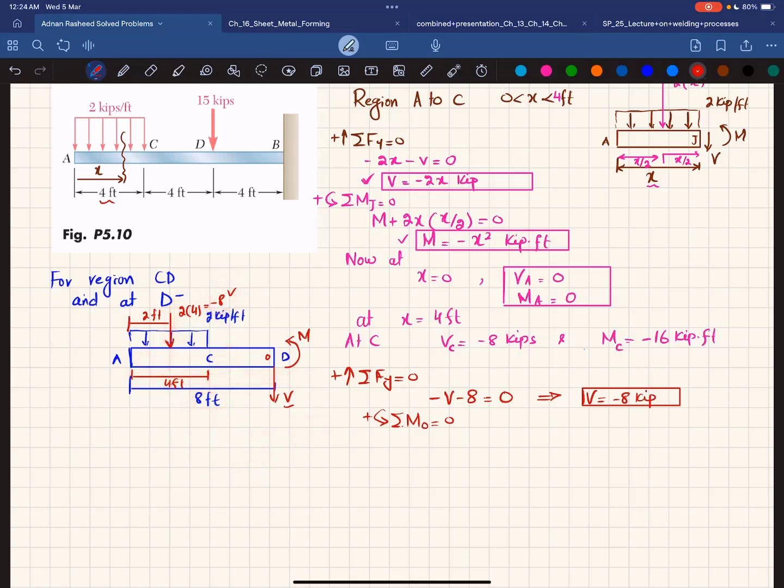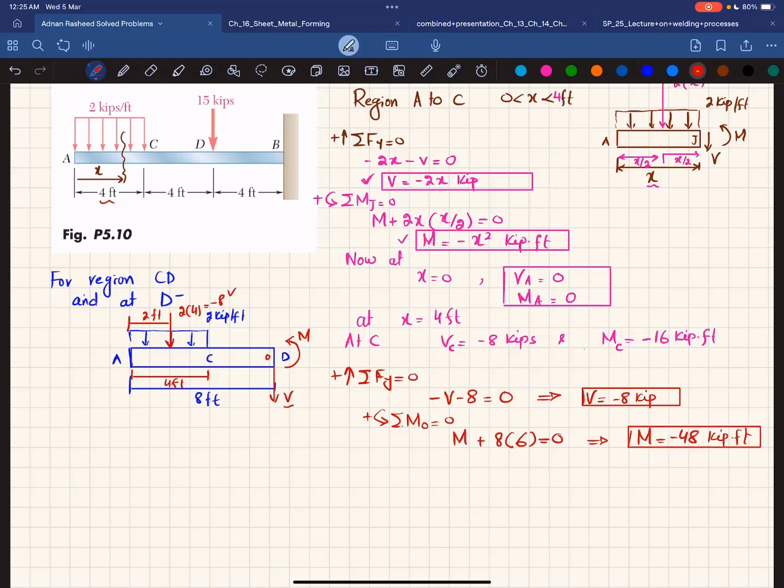So I can write plus M plus 8 multiplied by 6 is equal to 0. So what we will get is that the moment will be equal to minus 48, and the unit will be kips into feet. This is just at D negative.